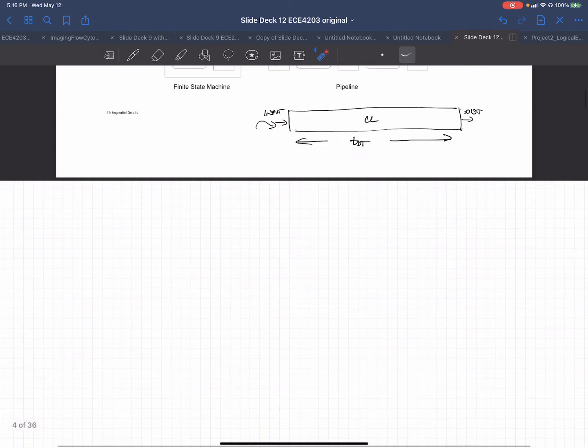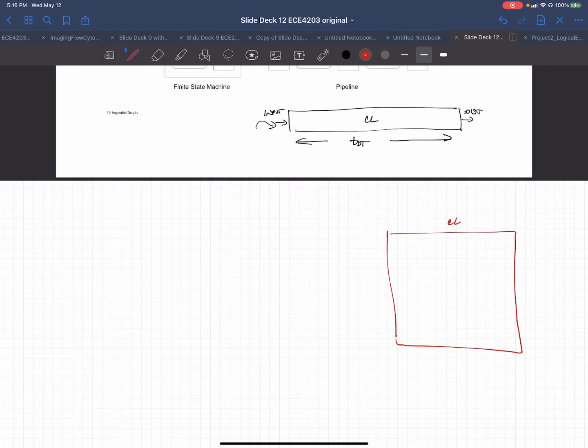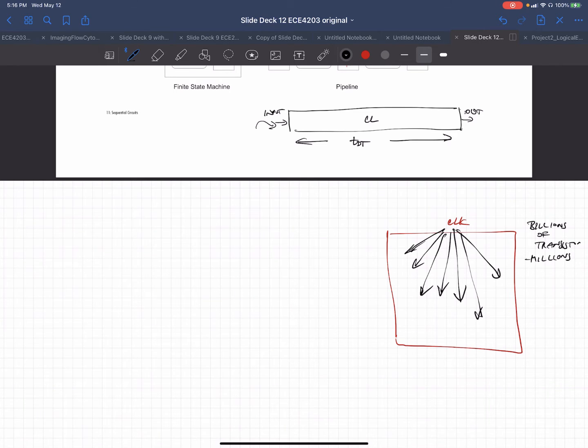So basically, think about your chip, and you have a clock that needs to get distributed to all points or a lot of points in your circuit. Again, you have billions of transistors and probably millions of flip-flops or latches or sequential circuits that need that clock.